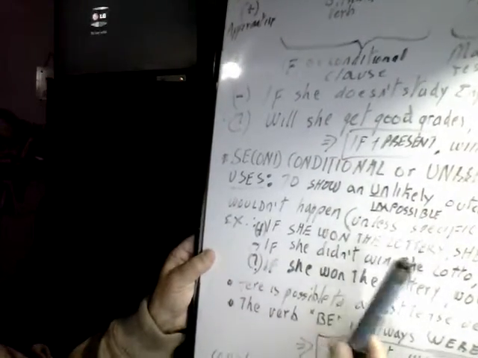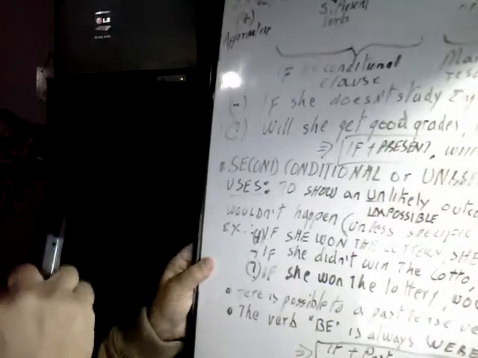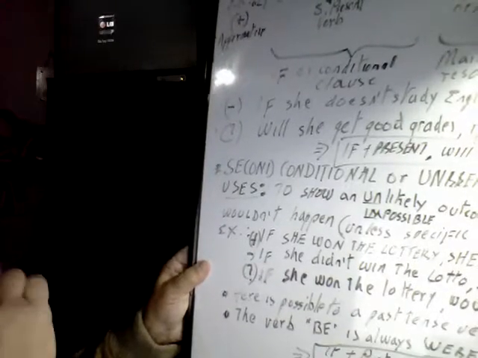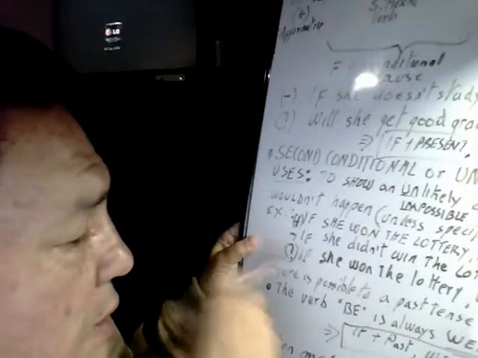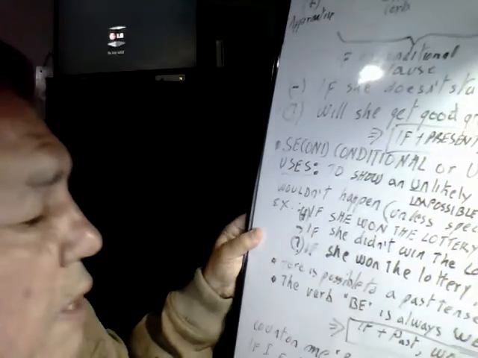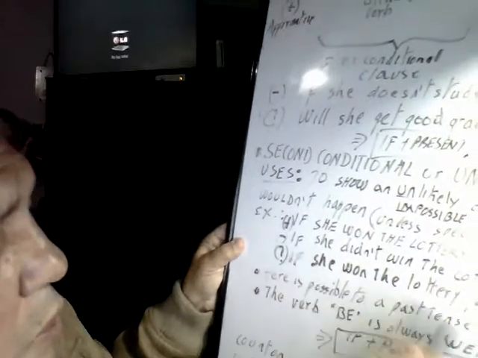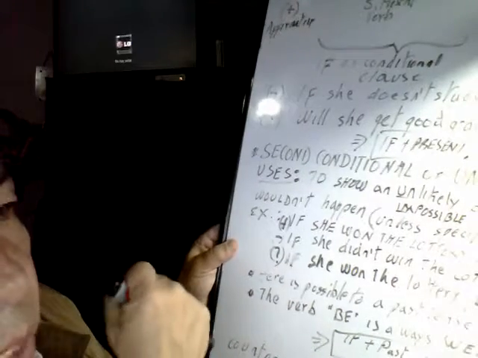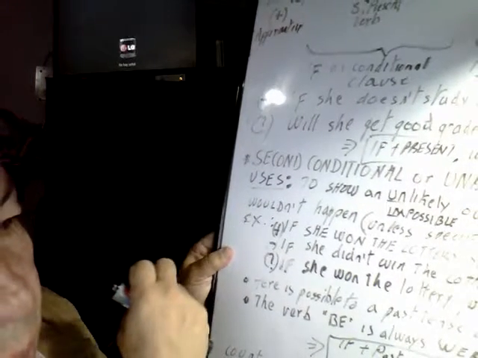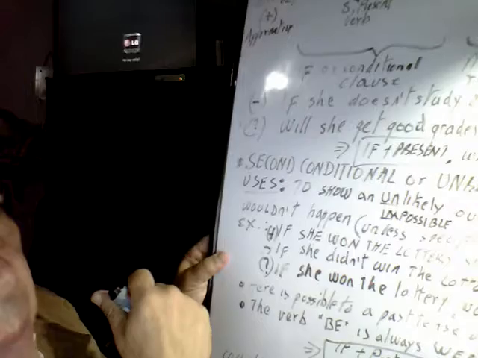Also remember that in the second conditional, with the verb to be, for the first person and the third person of the singular, you should use were. For instance, if I were Bruno Mars, I would sing better than him.